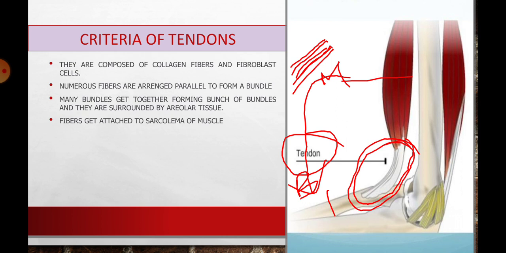And the fibers of the tendons are attached to the muscle sarcolemma. Sarcolemma is the special type of cell membrane of the muscles, and fibers are attached to the muscle's sarcolemma.